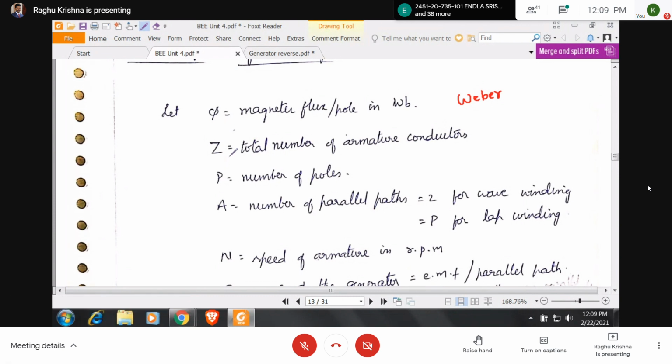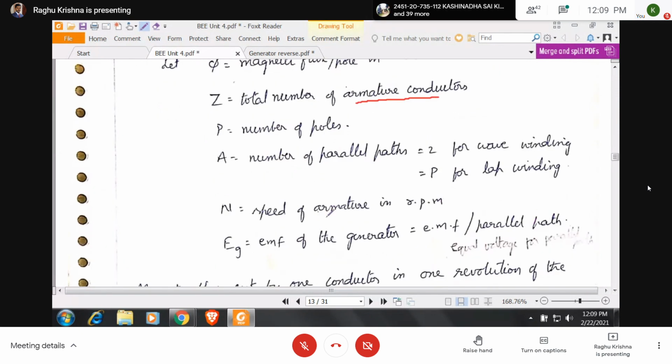Z is the total number of armature conductors. P is the number of poles, and A is the number of parallel paths. The number of parallel paths equals 2 for a wave winding, and equals P for a lap winding. N is the speed of the armature in RPM.